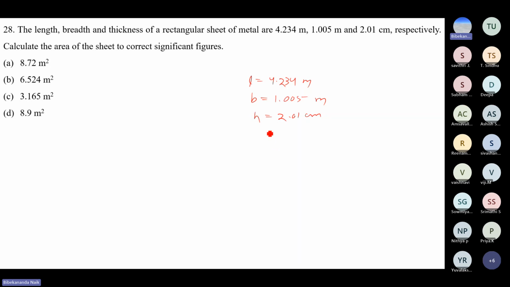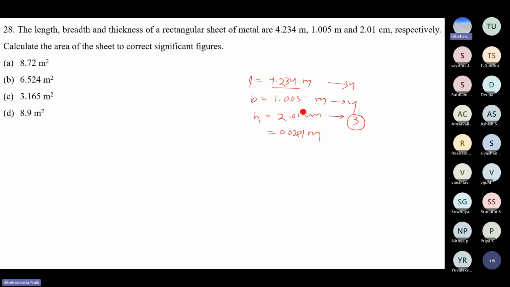So 1 meter is 100 centimeters, so it will be 0.0201 meter. When you are calculating the number of significant figures, here the number of significant figures is 4, here it is 4, but here it is 3. So the result should also contain the least number of significant figures, that is, the answer should be significant up to 3 figures.